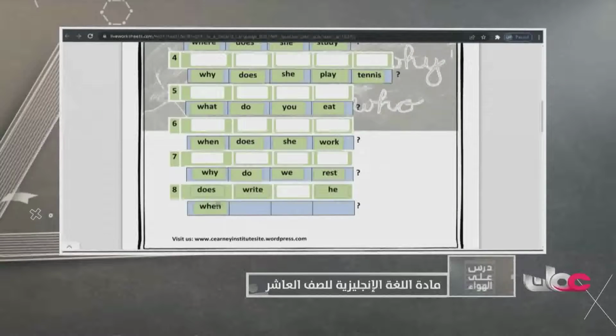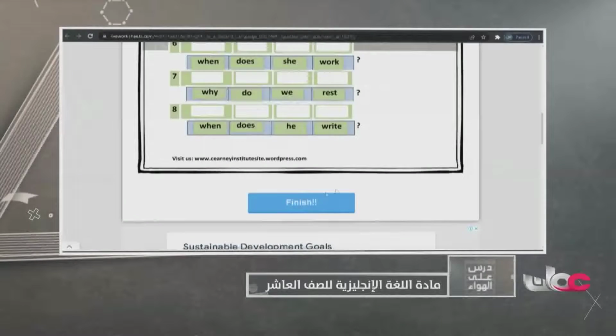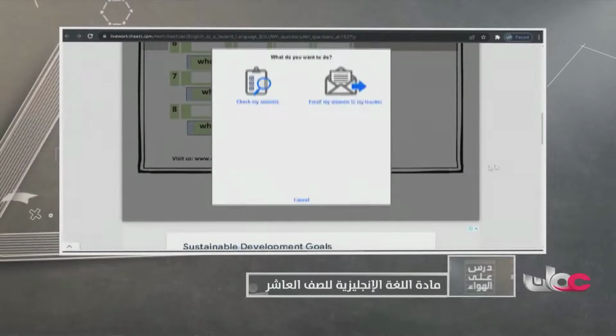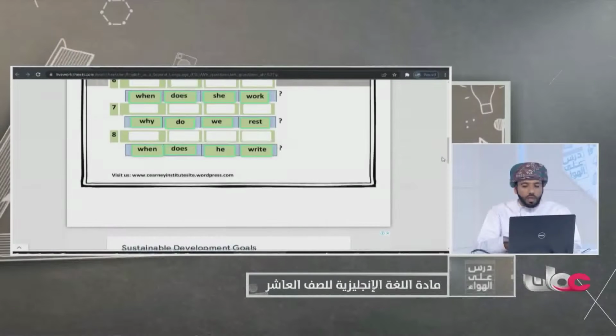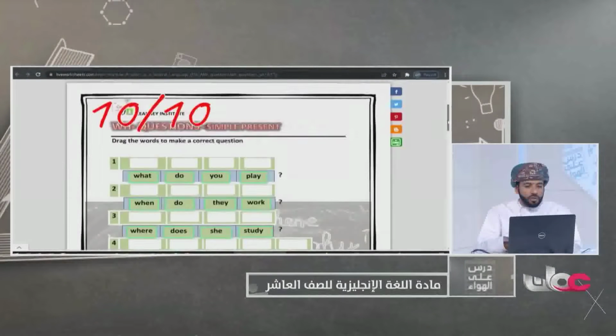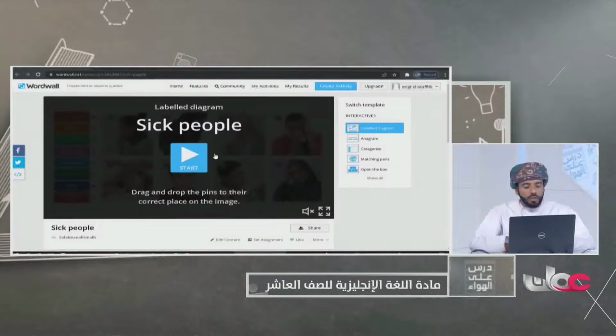So we should start with when, and then the auxiliary verb does, the subject he, and the main verb, which is write. And you can press finish and check your answers. Are your answers correct or not? We have got all of them correctly. So this is something you can do at home also, guys.